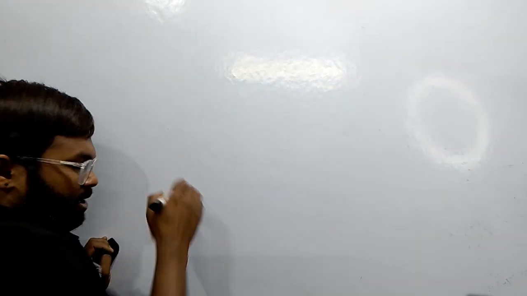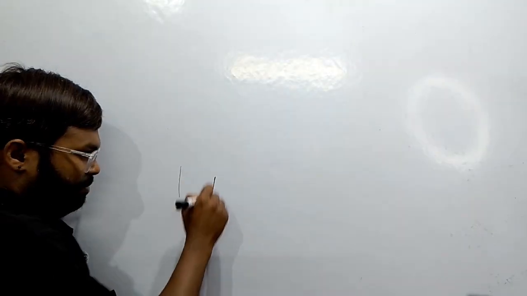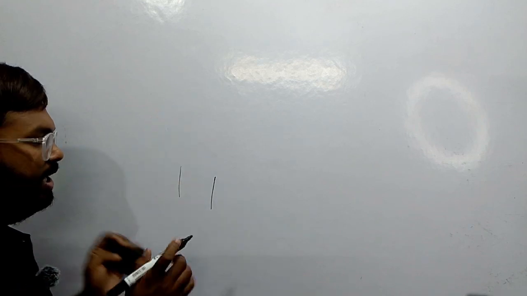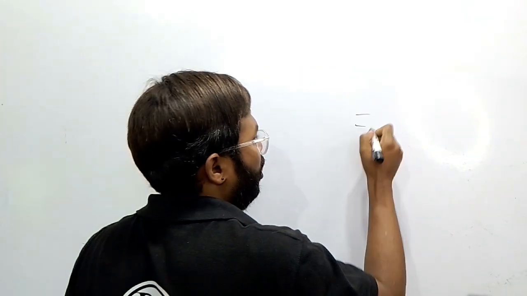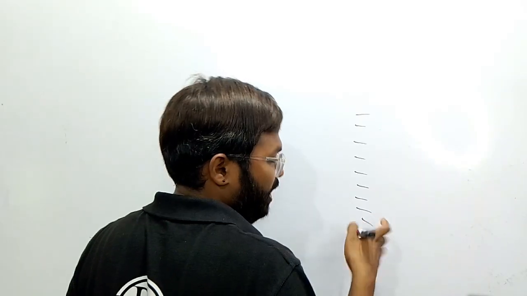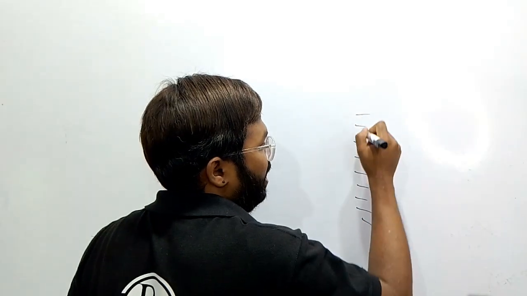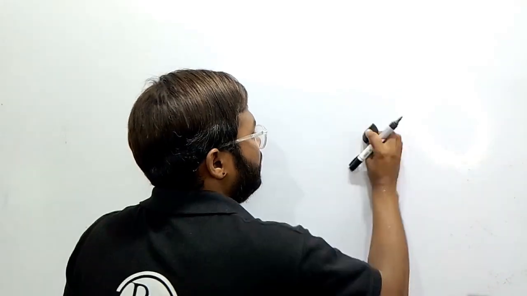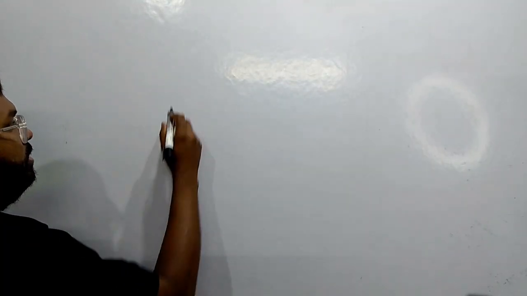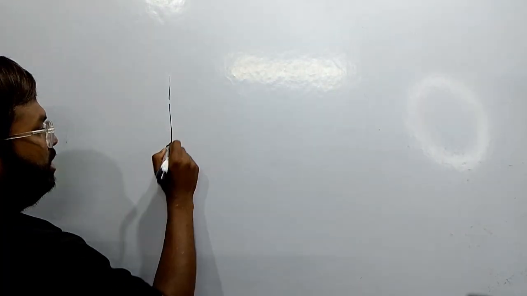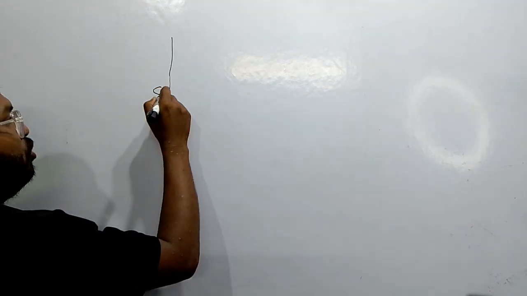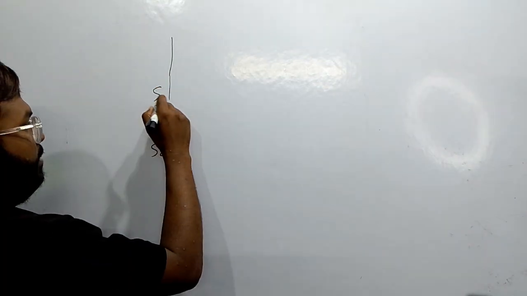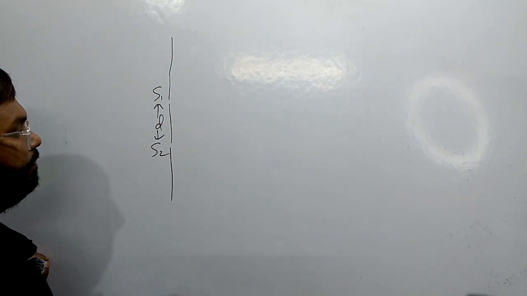Now, as our source was in this manner, let us rotate it so that we get the fringes vertically: dark, bright, dark, bright, dark, bright. These are two slits, and you can consider them as source 1 and source 2, separated by the distance d.